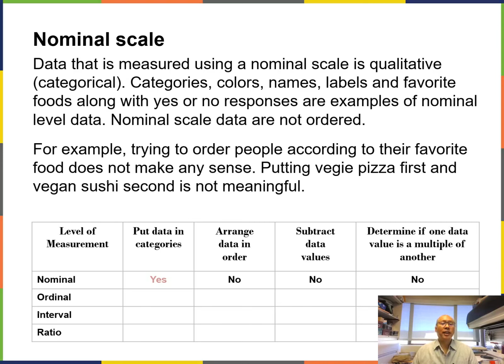A good example of this would be something like temperature. In Celsius and Fahrenheit, you can definitely tell a difference between two temperatures.